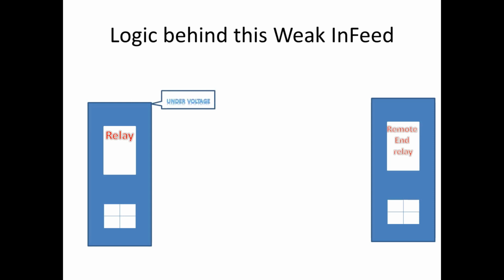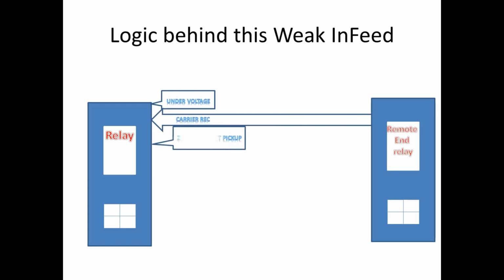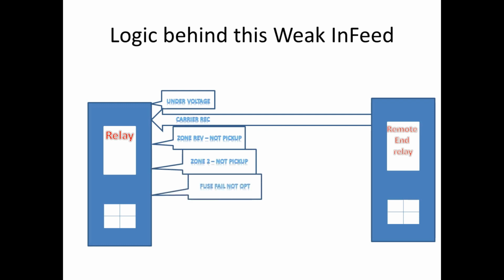Second, it should receive a signal from the remote end relay. Third, it should not have any reverse zone pickup or zone 2 pickup. Finally, it should not have a fuse fail operation. Fuse fail should not operate.